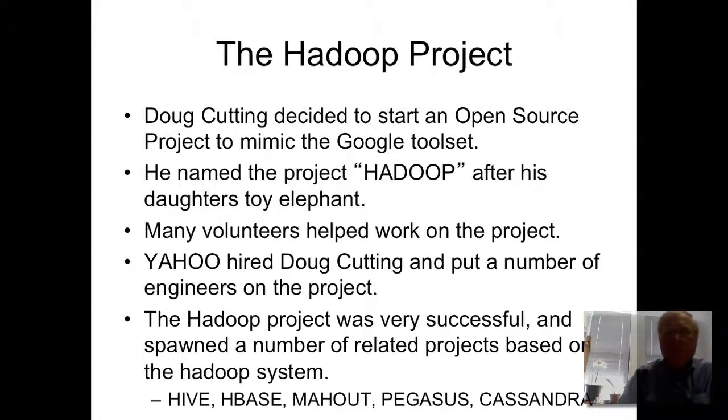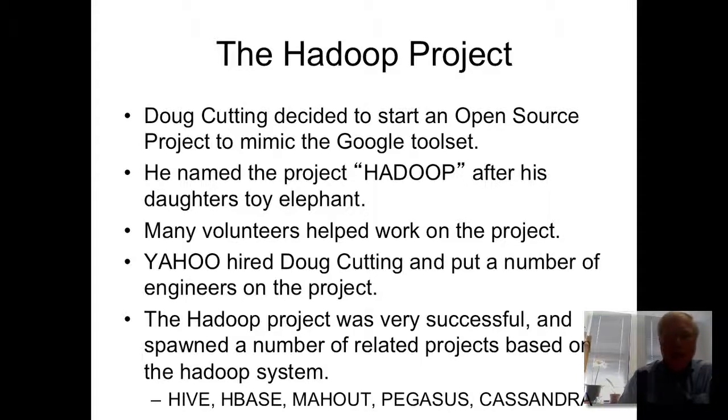Actually, I've already talked a little bit about the Hadoop project, but after the Hadoop project started at Yahoo, there were a number of related projects that were built on top of both the Hadoop file system and the MapReduce processing system.